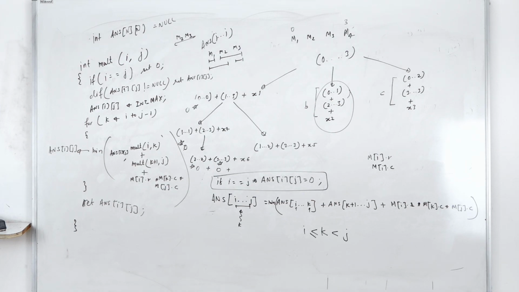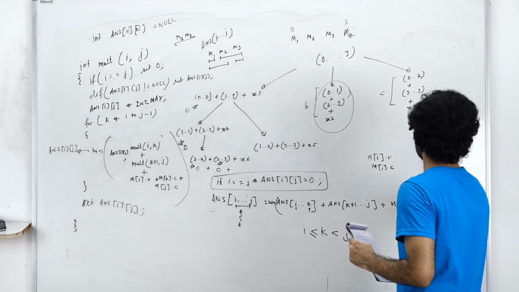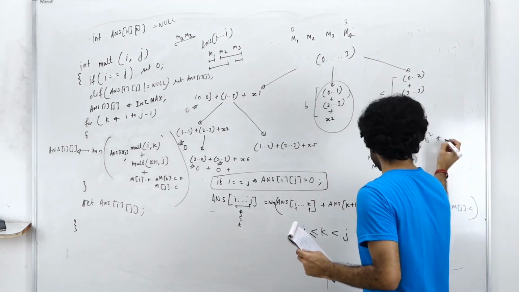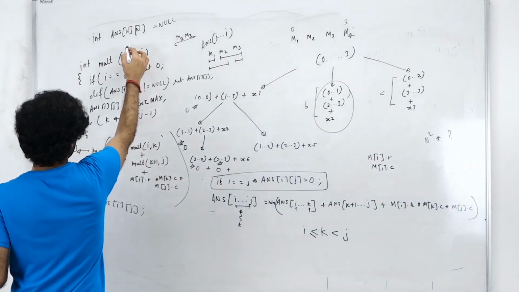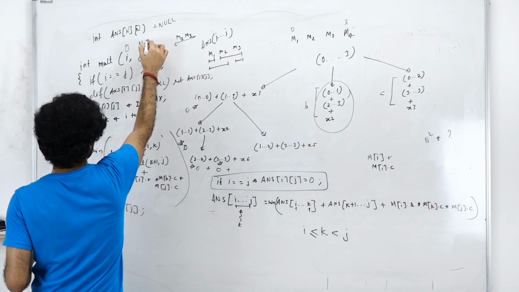Almost n square, because your i varies from 0 to n minus 1 and j can also vary from there to there. So there are n square problems. And how much time do you take to solve one problem? In the worst case, how much time do you take to solve one problem? Let's say your i was 0 and j was n minus 1.